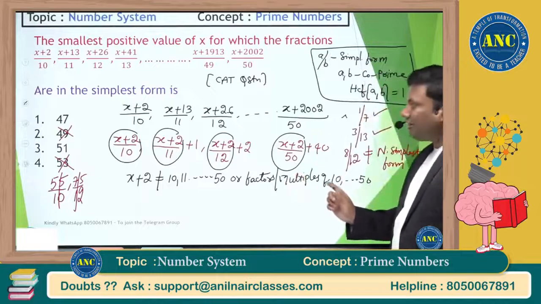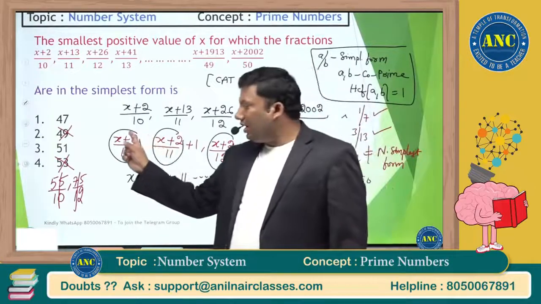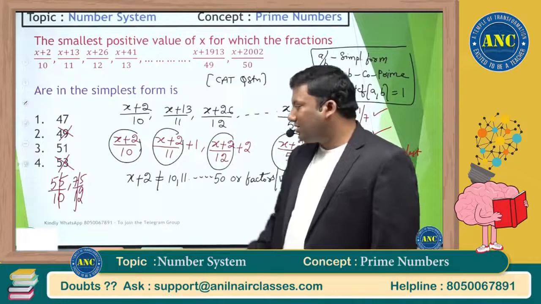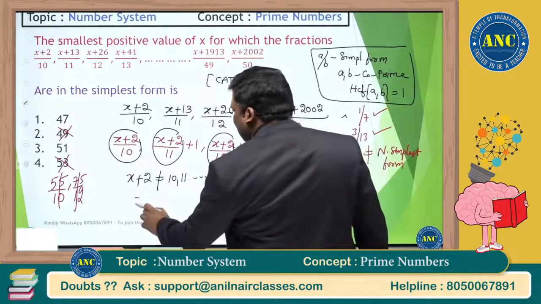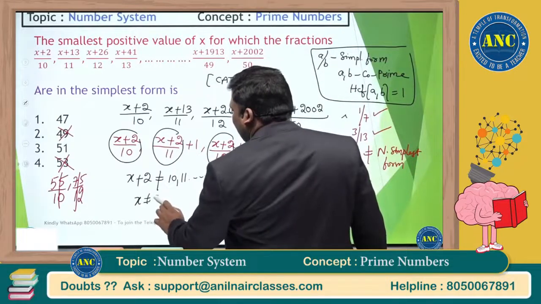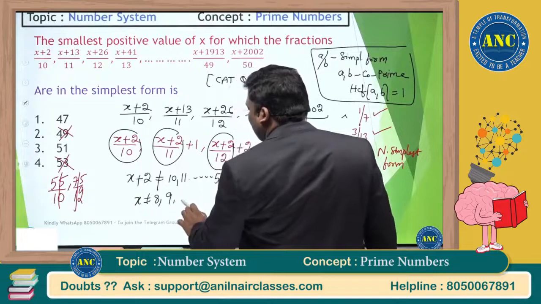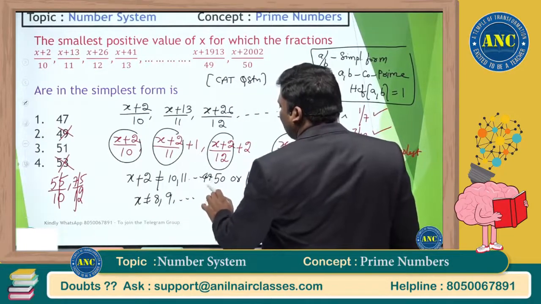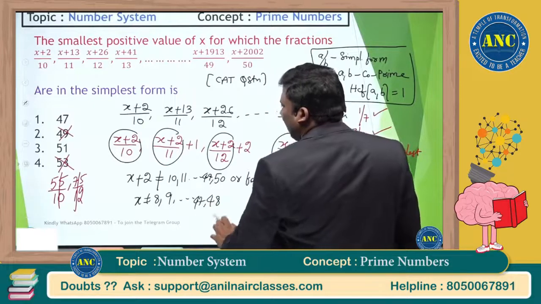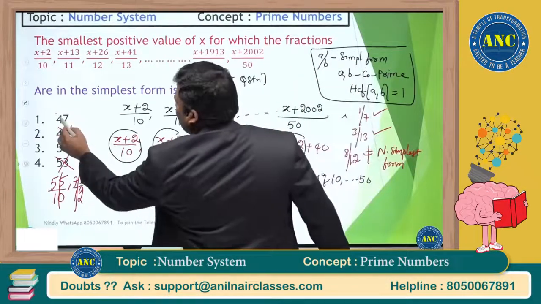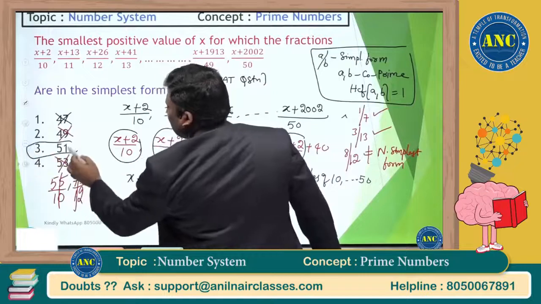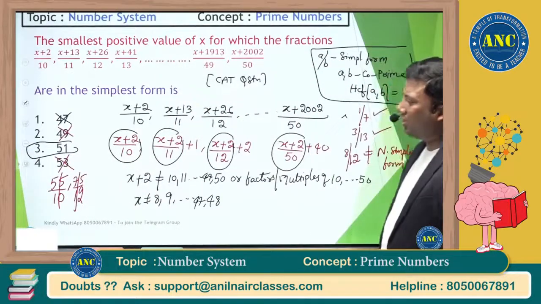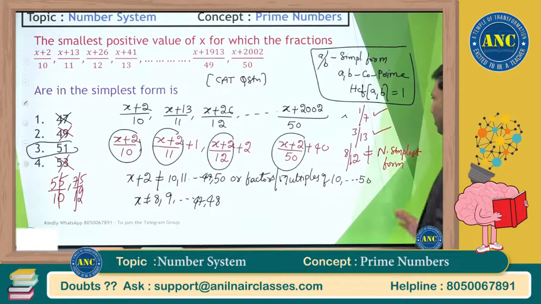Take a multiple of 10, say 20: 20 by 10 is not. So x cannot take 10 minus 2, 8, 11 minus 2, 9, 50 minus 2, 48. Here 49 also will come, so 47. X cannot take 47. So the only possible case is 51. Very, very easy question.